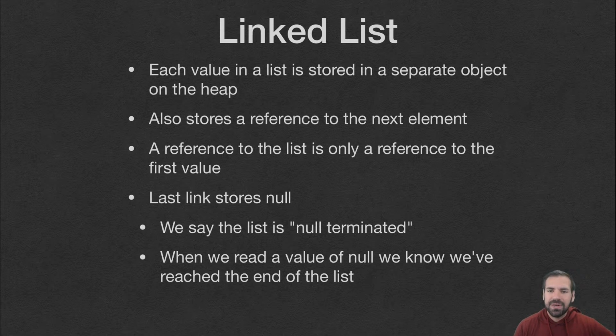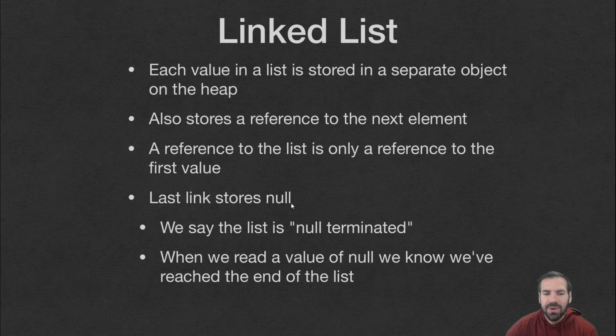Because how do we know that we've reached the end of a list? For the next element, instead of storing a reference to another linked list node object, we're going to store null.